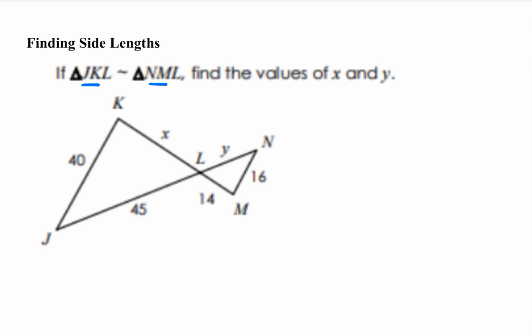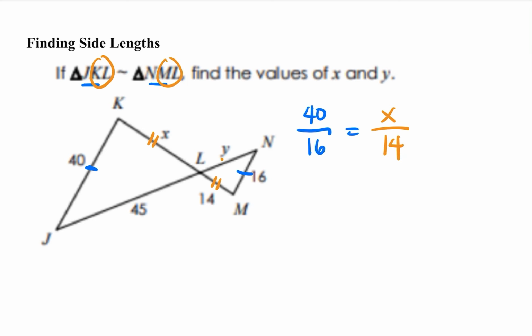JK is 40 over MN, which is 16, equals KL, the last two letters, with ML. So KL is x, and ML is 14.